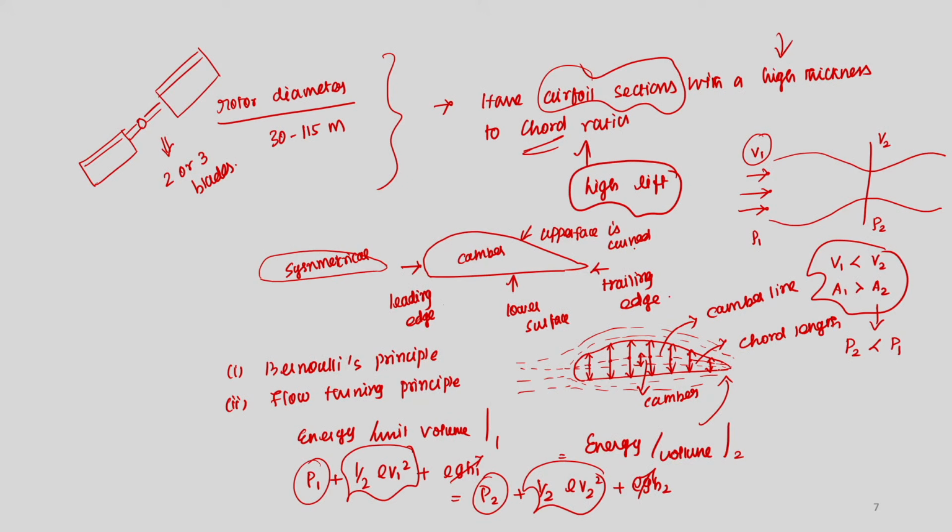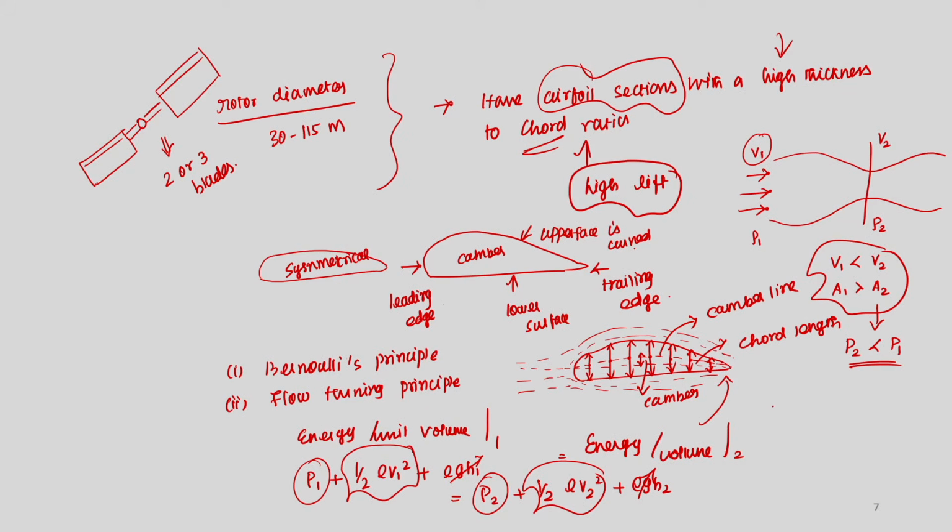So it may take high speed because the energy per unit volume at sections 1 and 2 has to be matched. Because of this larger surface area, it has to travel at faster speed. If the velocity is increased, automatically the pressure has to decrease. That is the way the upper surface of the airfoil works.